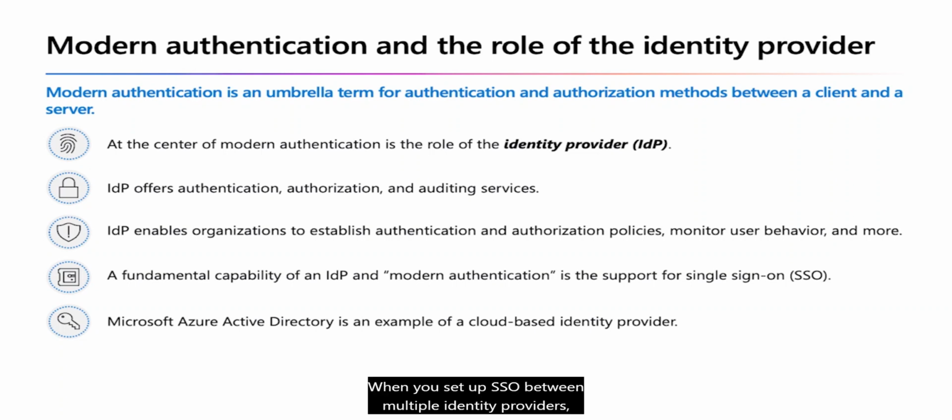When you set up SSO between multiple identity providers, it's called federation. We'll talk about the concept of federation later on. Now, Microsoft Entra ID is a very good example of a cloud identity provider service that we have. Also, we are going to talk about it in the next module.